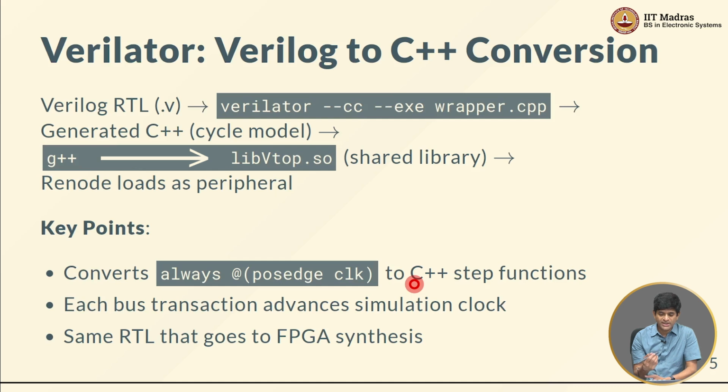It creates the notion of a C program inside which there is maybe an integer variable or something which keeps track of a so-called simulation clock. And always blocks are converted into these kind of functions which are related to the notion of the simulation clock. Every kind of bus transaction or anything else that you have where there is a posedge clock is going to change the value of that simulation clock, right?